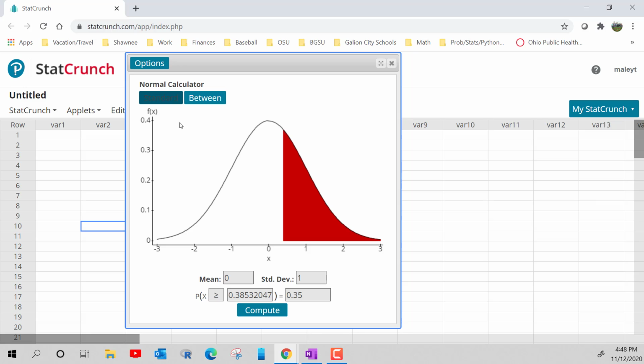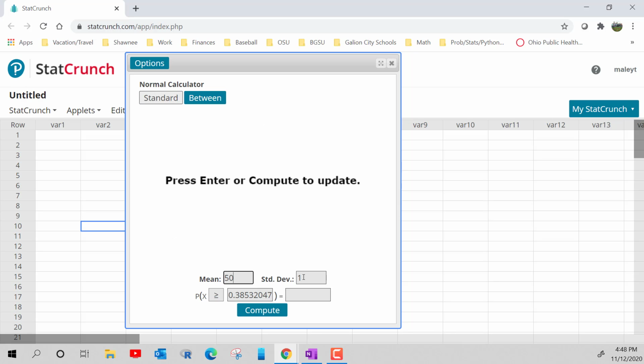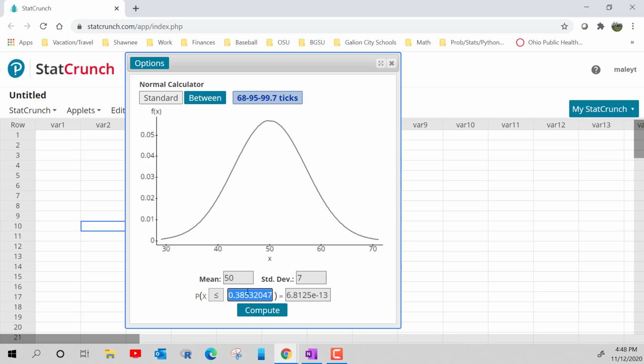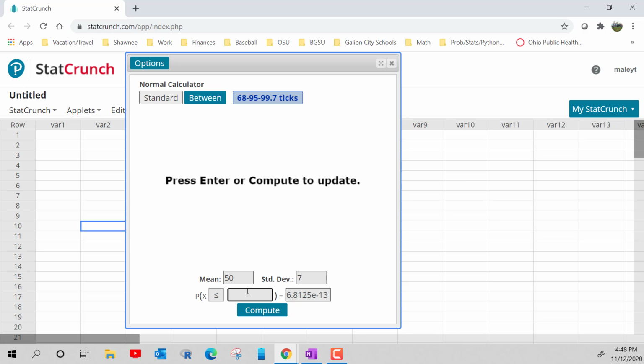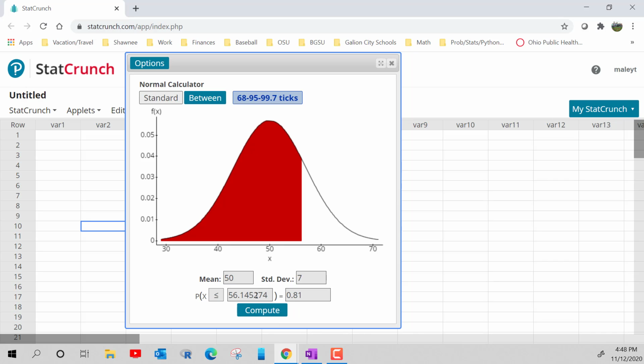So I need to go back to the standard. My mean was 50, standard deviation was 7, and I want this to be less than or equal to. I need to delete this, and in the area I need to put 0.81, hit compute, and it will give me that value here.